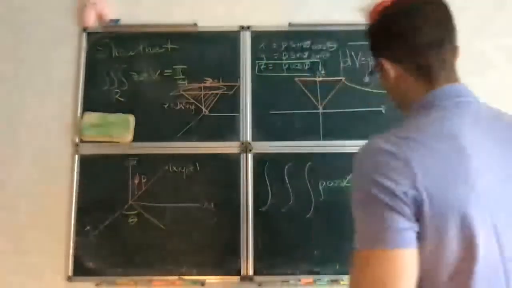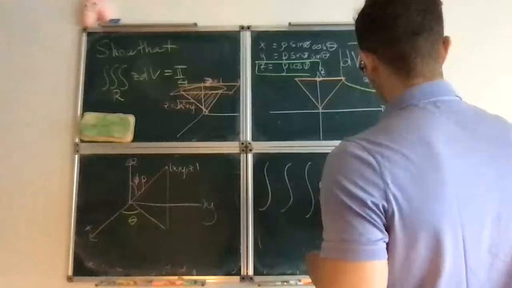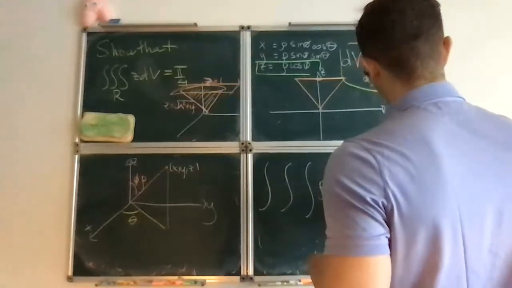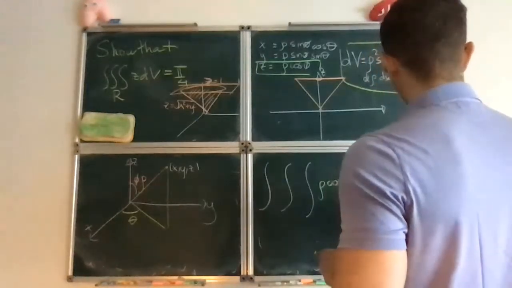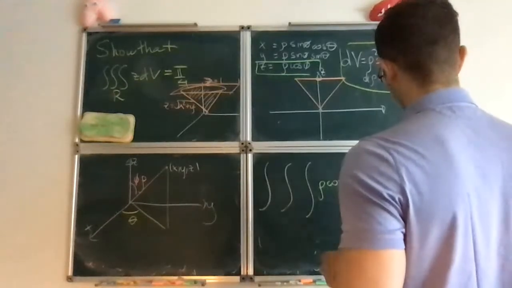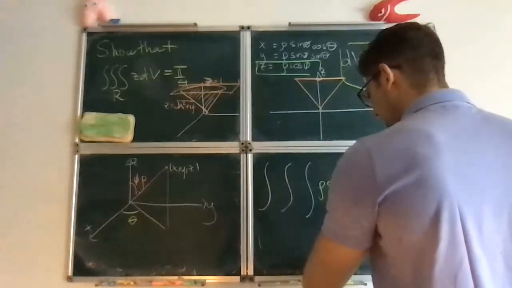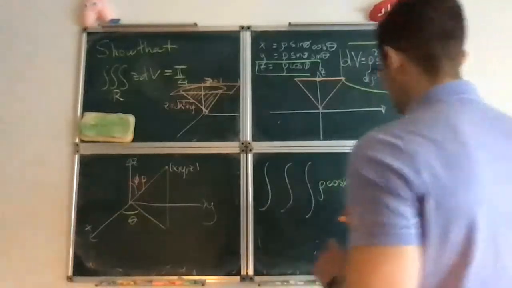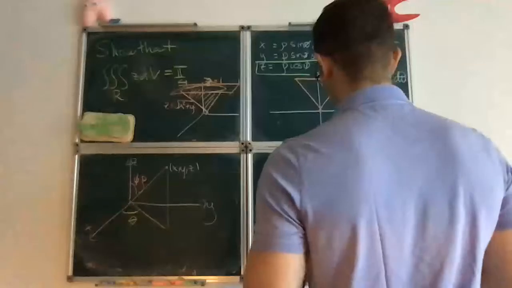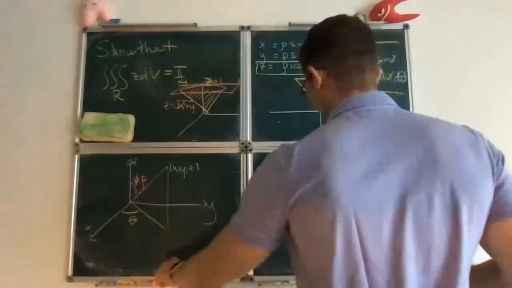And dv gets replaced with rho squared sine of phi, d rho d phi d theta. And again, the first integral that we're going to do is this one, and then we're going to do this one.